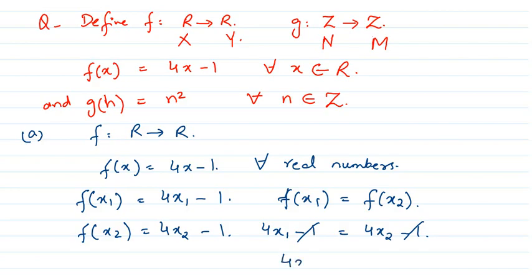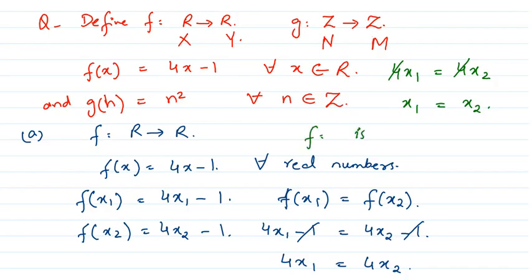Now 4x1 being equal to 4x2, you can very well say that x1 is equal to x2, both being members of the set of real numbers. So the point here is that function f is an injective function, because we have come up with the proof that x1 is equal to x2, right?